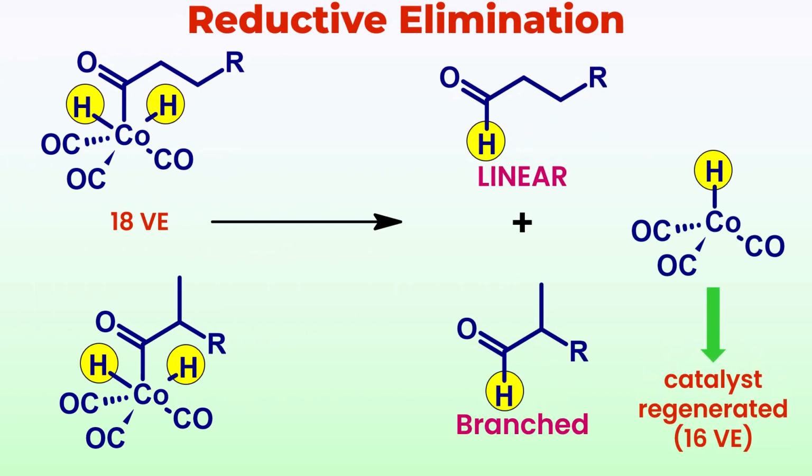Finally, the aldehyde is released through reductive elimination and the catalyst is regenerated to continue the cycle. In this step, the cobalt is again reduced to +1 oxidation state.